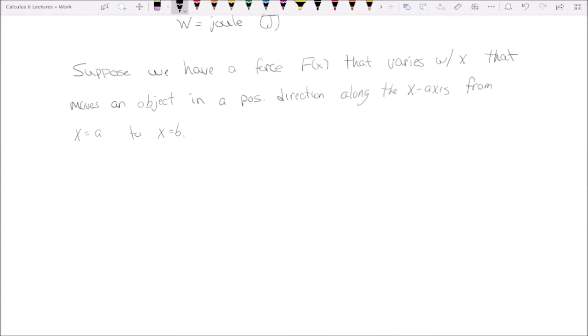In order to calculate the work, we partition the interval AB into n subintervals of equal length.